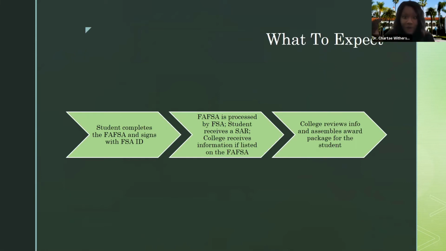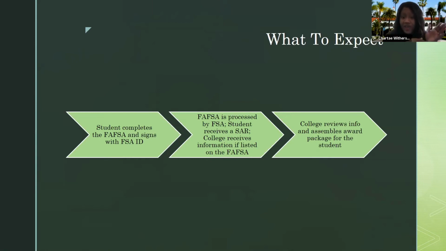So if you get the full Pell and the full Pell is $6,345 for the year, they're going to say, okay, based on the results from the FAFSA, the student can get $6,345 in this. If they wanted to use the loans, they're going to get this amount, and any other grants that are available or any other scholarships that are available will be included in this package.